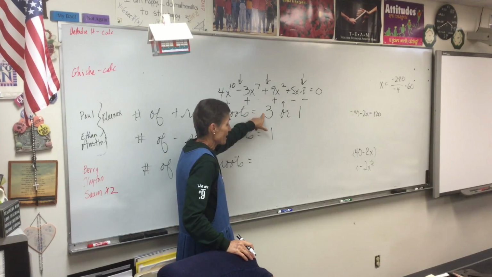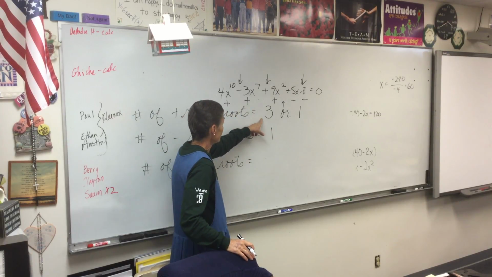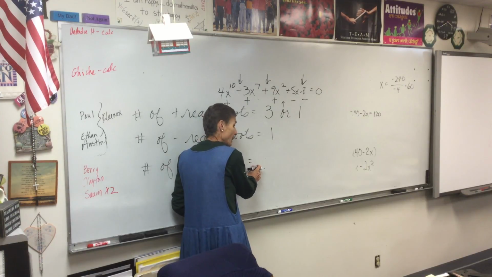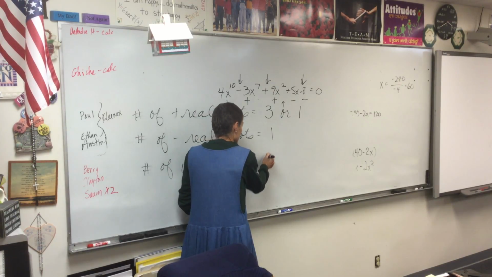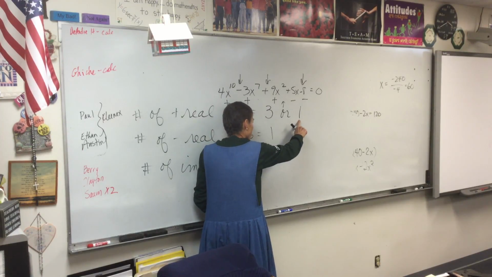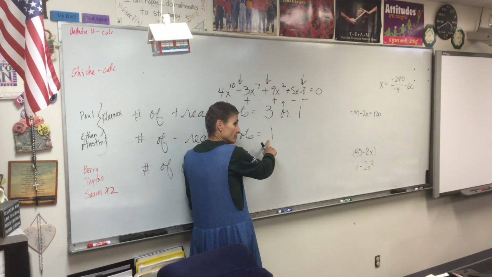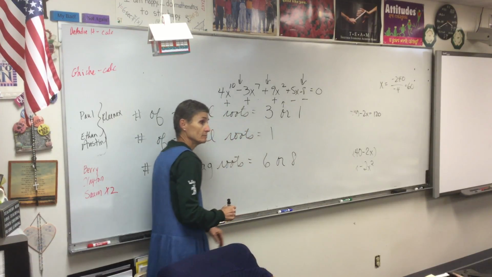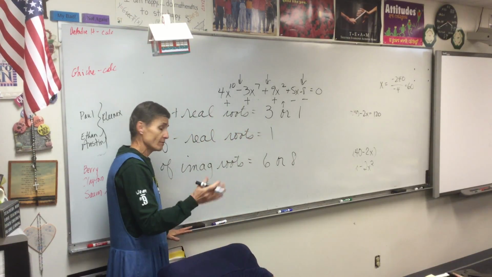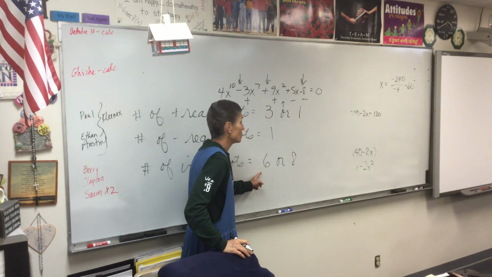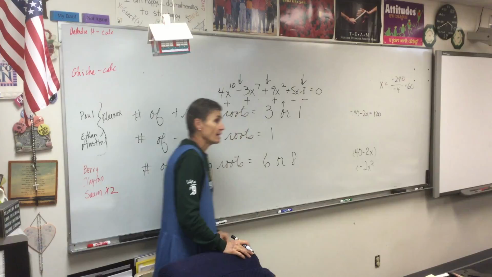If 3 of them happen to be positive, and you have this one negative, how many would be left to be imaginary? 6. But what if 1 is positive and 1 is negative? Then there would be 8. Are there any other options? No. You're either going to have 3, 1, and 6, or you're going to have 1, 1, and 8.